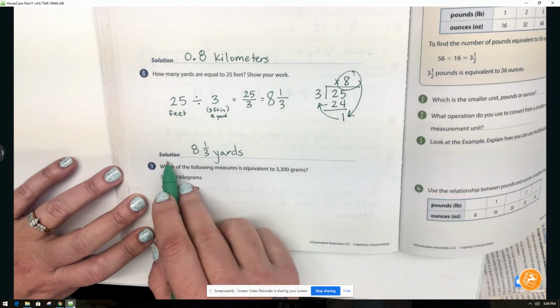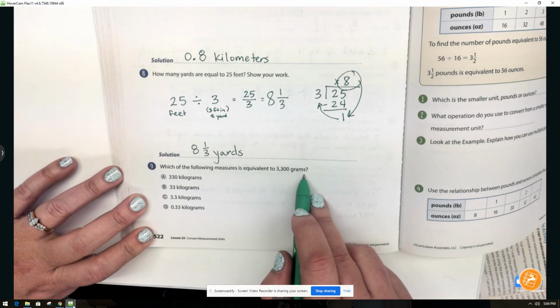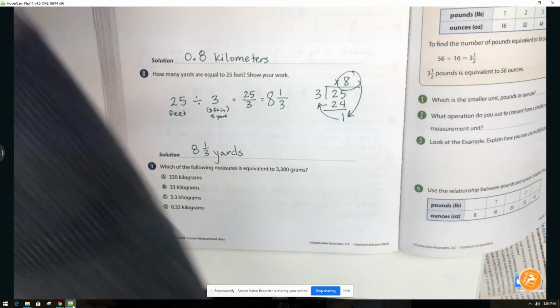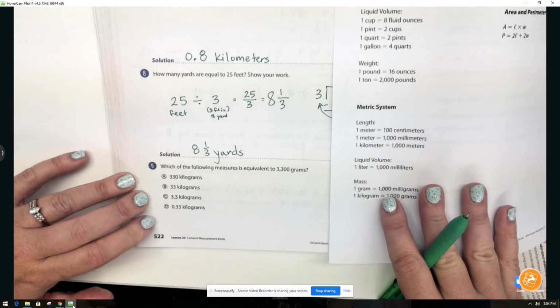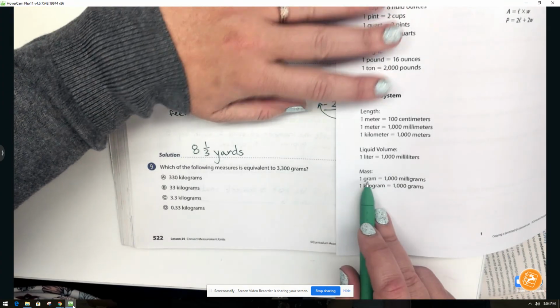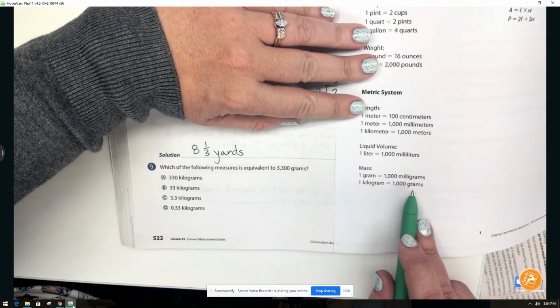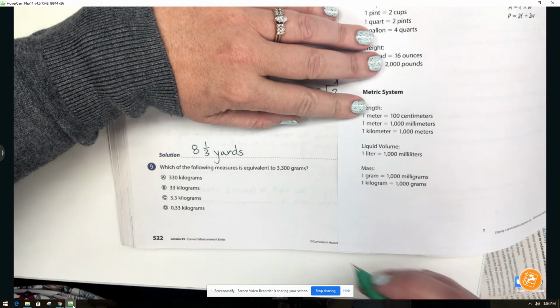Finally, on number 9, it says, which of the following measures is equivalent to 3,300 grams? So if we come over here, we're trying to figure out, our choices are kilograms and grams. So if we come over here, we see that 1 kilogram is equal to 1,000 grams.